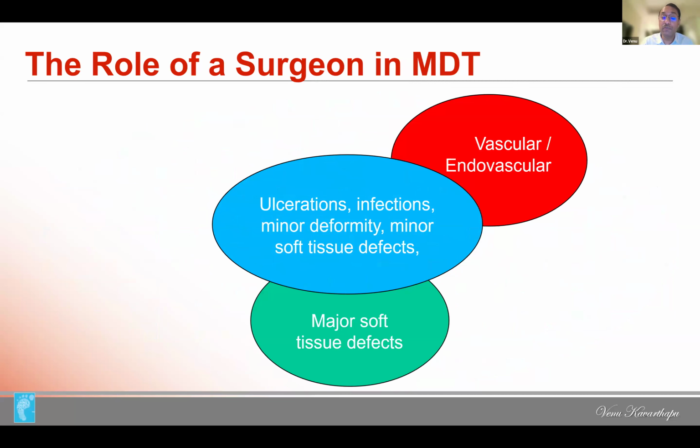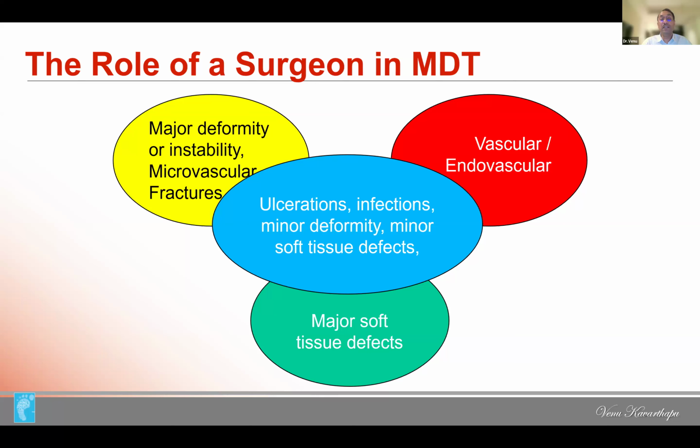Similarly, major soft tissue defects cannot perhaps be delivered by other surgeons. And similarly, for orthopedics, a major deformity such as a Charcot foot or neuromuscular deformity with or without instability, or more recently, microvascular deficiencies and diabetic foot and ankle fractures as well.